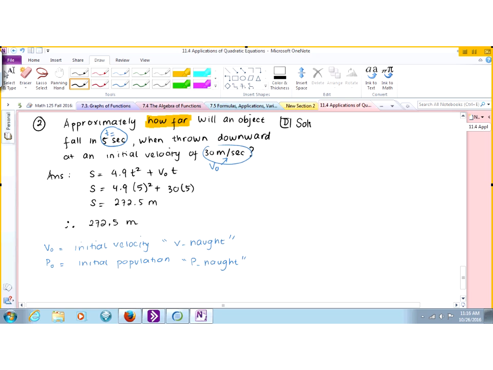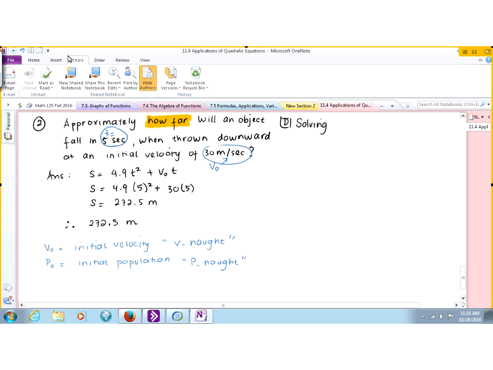Now, D, solving a formula for a variable. Solve a formula for a letter, say H. So we will call the letter H. What I want to do is something like this.